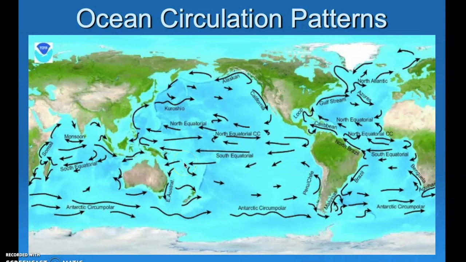If you look here at this picture, you can see all different currents and circulation patterns around the Earth, and there's one current that's probably the most familiar to you, and that would be the Gulf Stream right here. We're really fortunate to have the Gulf Stream.